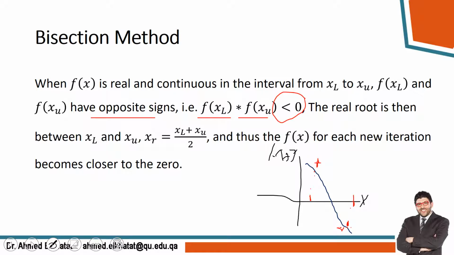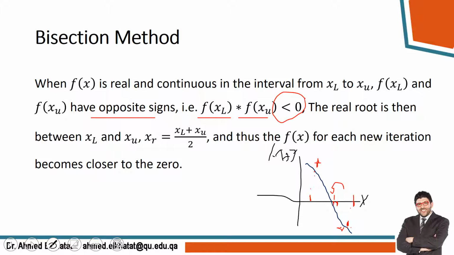Now if you have x lower and x upper, you bisect by taking the average of both. Suppose it will be here, very close to the correct one.